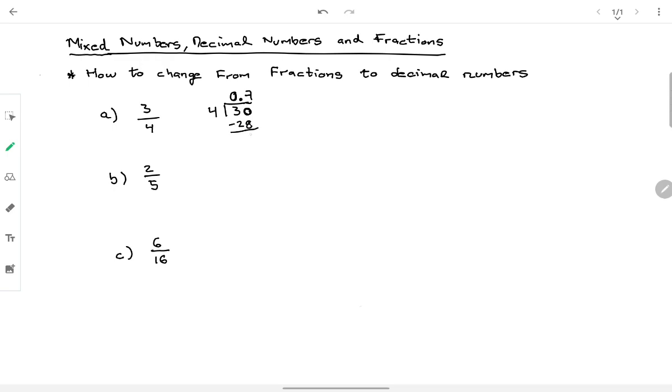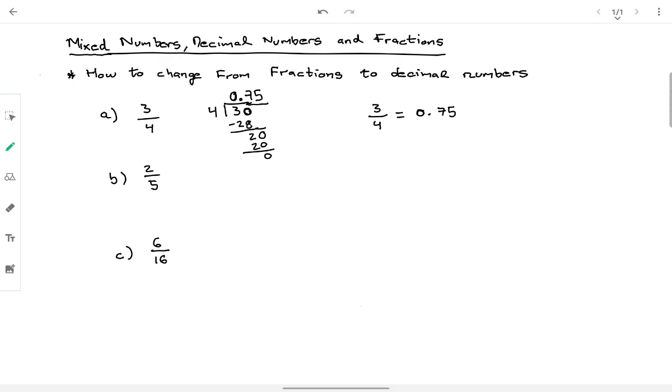It will give us a 2. We can continue. We can put a 0. So 5 times 4 is 20. That gives us 0. So 3/4 can also be represented as 0.75.